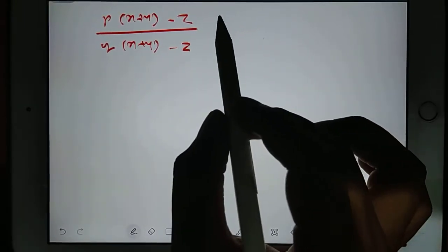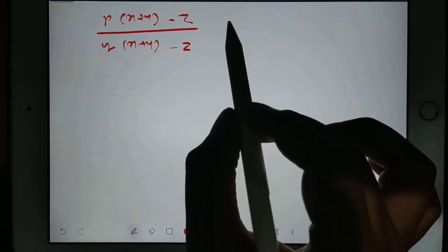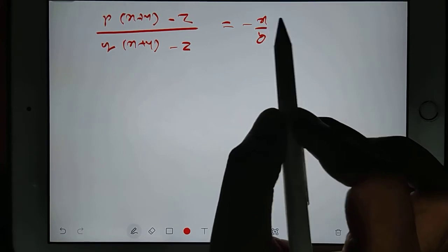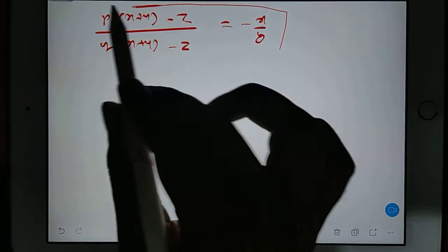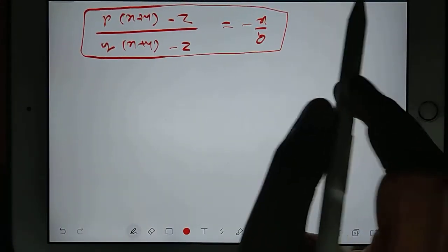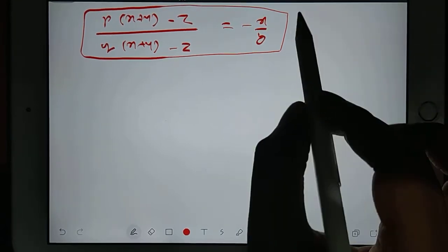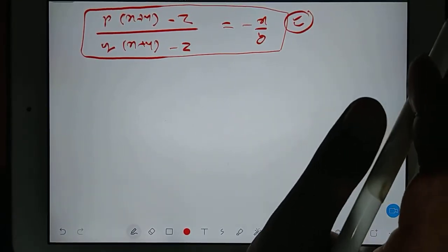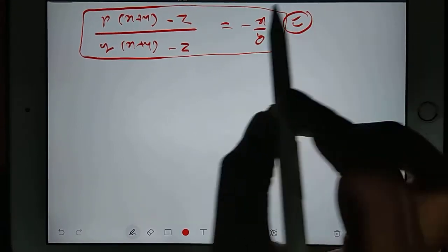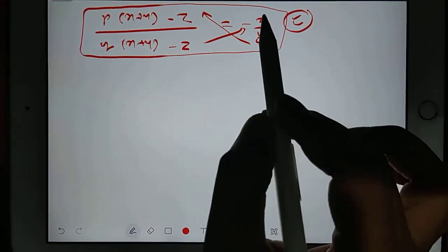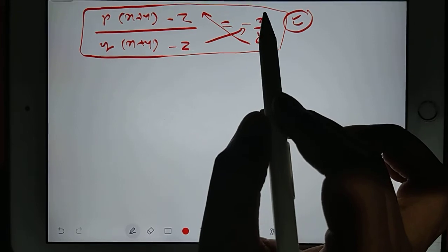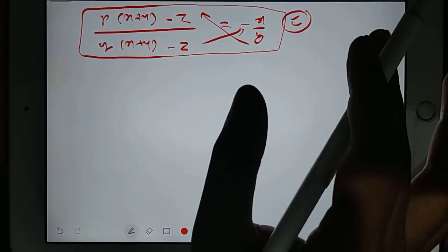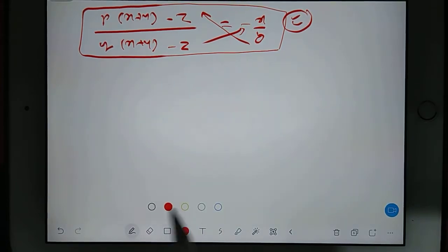Now this total part will be equal to minus x by y. That's all. Whatever you have got here, you can leave as your answer, or it depends what kind of option is given in the GATE exam, so that you can select the option. You can shuffle them and rearrange. The main thing is my objective was to remove this arbitrary function.